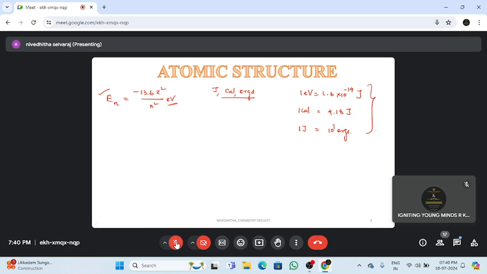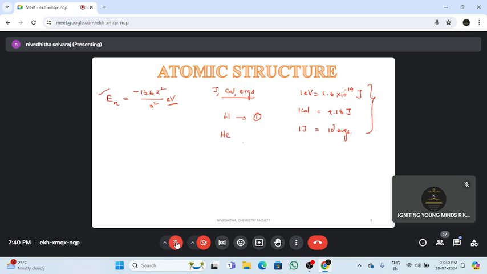But this is for Bohr's model. Bohr's model is applicable only to hydrogen and hydrogen-like systems, right? What is a hydrogen-like system? Hydrogen is fine. What is a hydrogen-like system? The atom or chemical species which contains only one electron. Hydrogen has only one electron. How about helium?